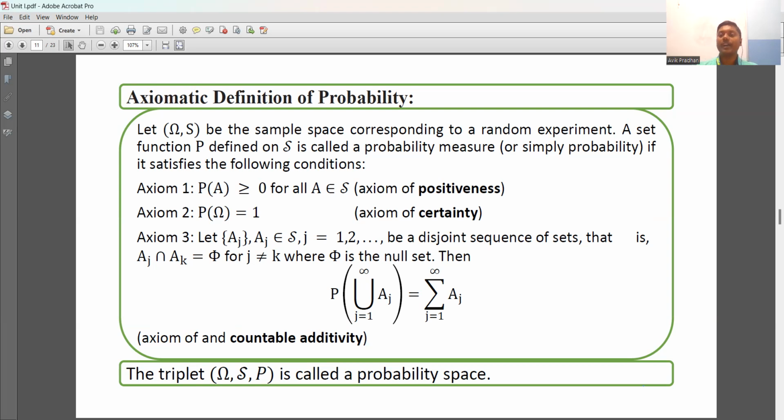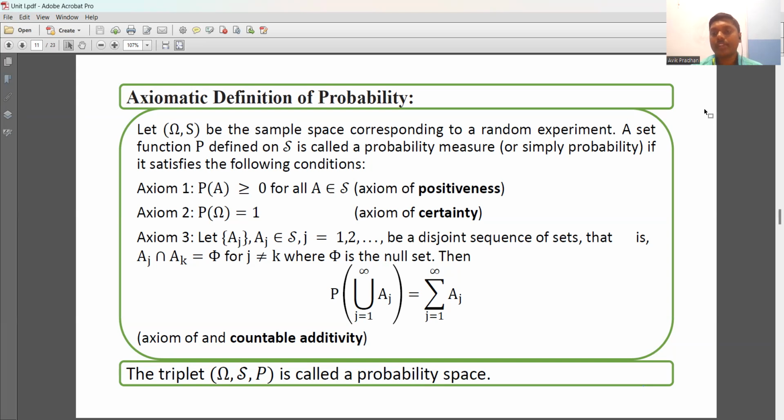If I want to define probability, I have to have some systematic way to define it. So here we have the definition of probability given by the Russian mathematician Kolmogorov, which is known as the axiomatic definition of probability.